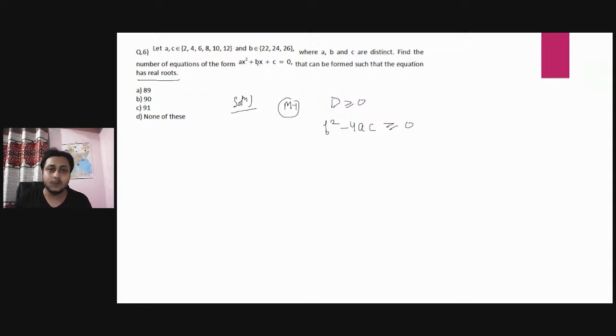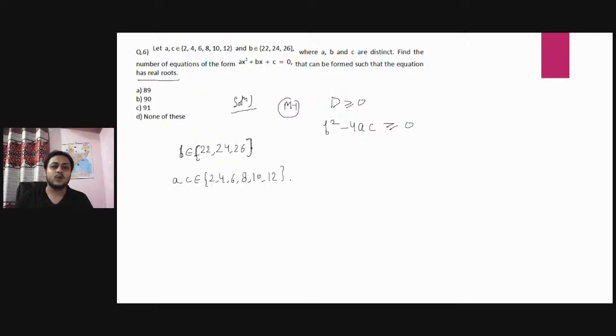So b is the coefficient of x, a is the coefficient of x square, and c is the constant, right? So b square minus 4ac is greater than or equal to 0. And here it is given that b belongs to {22, 24, 26}, so b can be any number among these three, right? And a and c can be any number among these six numbers: 2, 4, 6, 8, 10 and 12.